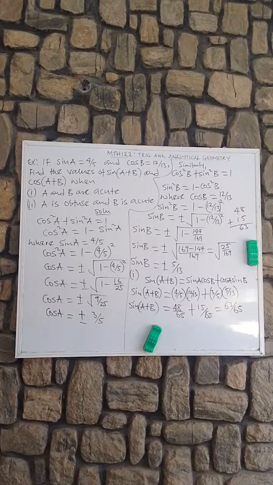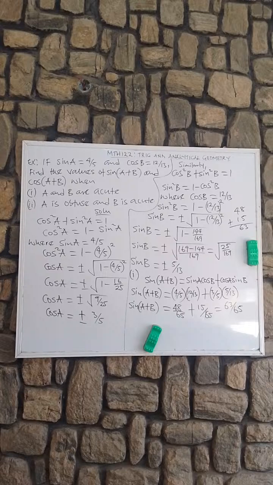If I said sine A equals to this, cos B equals to this, because in the formula here, sine A plus B is equals to sine A cos B plus cos A sine B. So I think cos B is necessary.